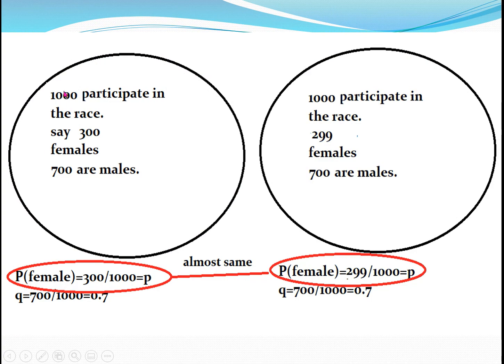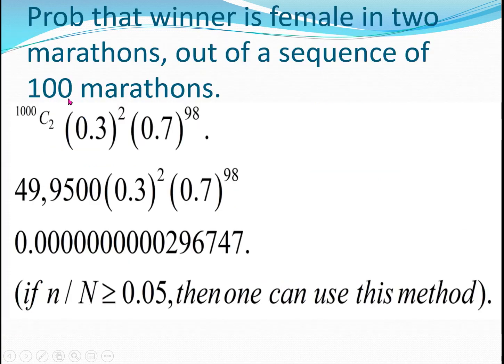Here we have 1000 participants. So in this example, lowercase n, or small n, is 100, and capital N is 1000. Whenever this fraction is greater than or equal to 0.05, then we can use this method of approximation of probabilities using binomial distribution, right?